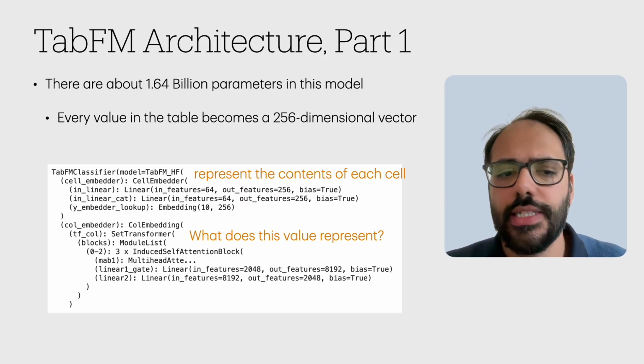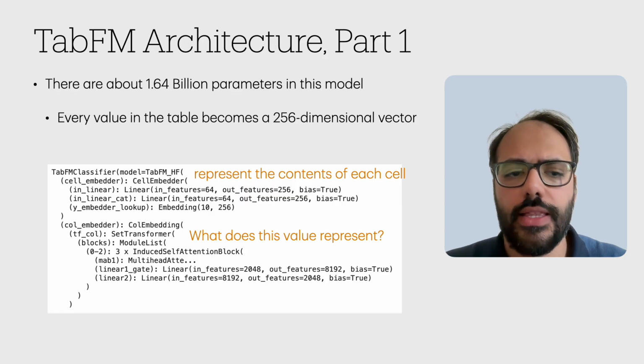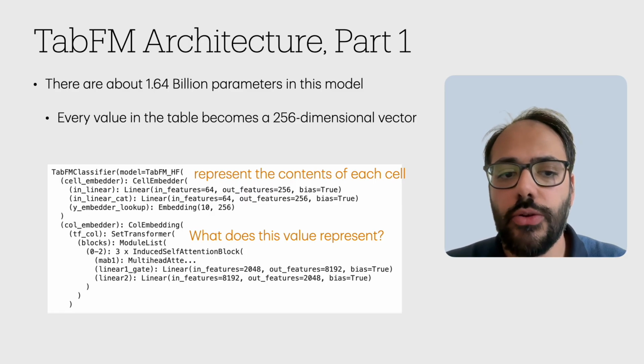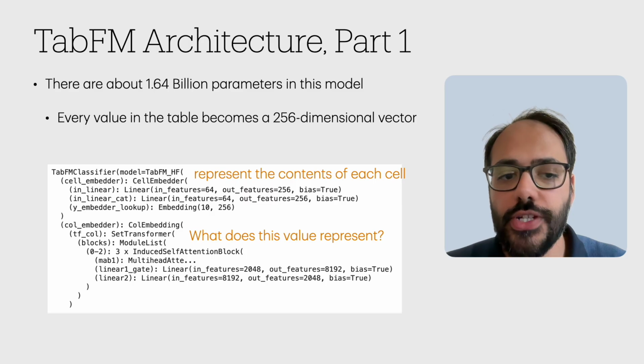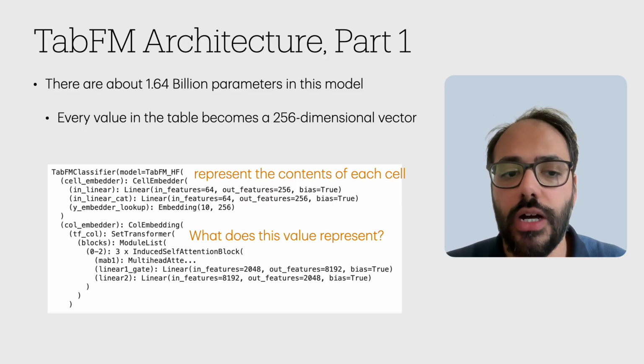Then the other part which is very important is this column embedder. And the reason for this is simple. Once you have a tabular data set, if you just switch the order of these columns, the problem should not change at all. And therefore, you need to use an attention mechanism within your transformer architecture that can understand these relationships between columns and also rows.